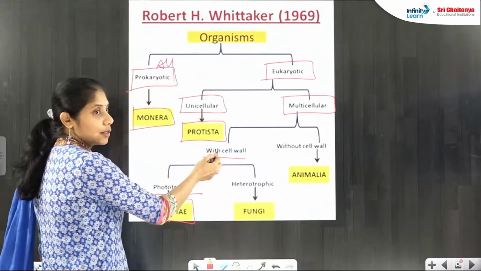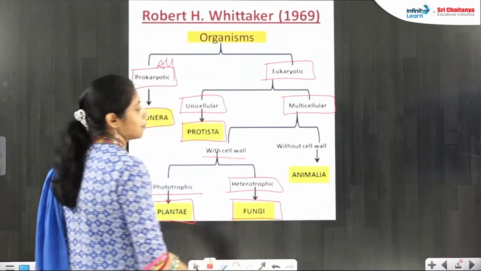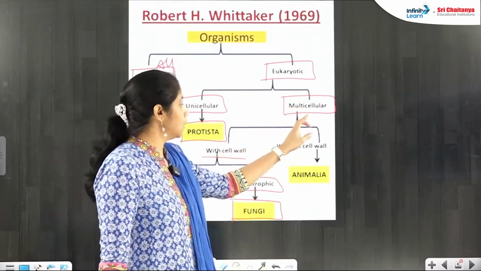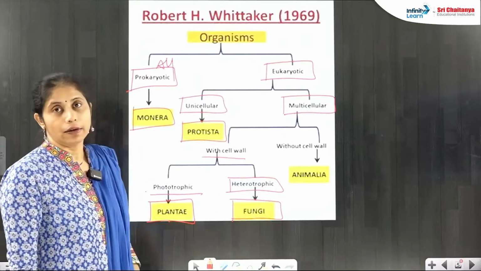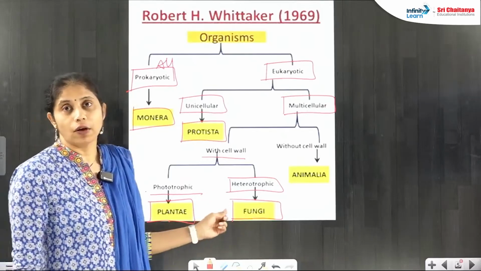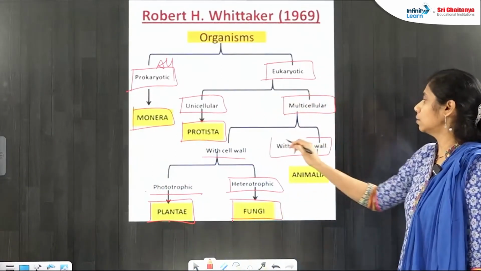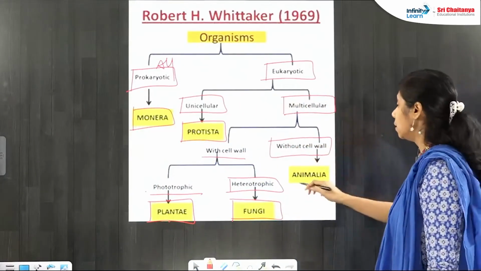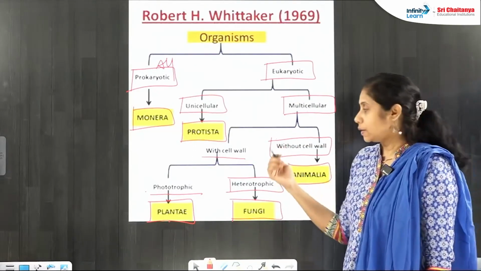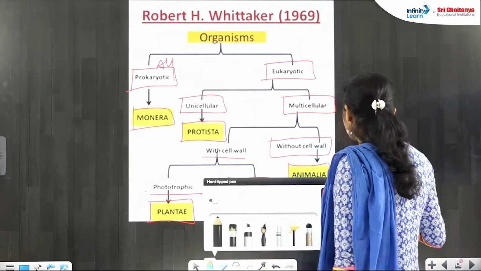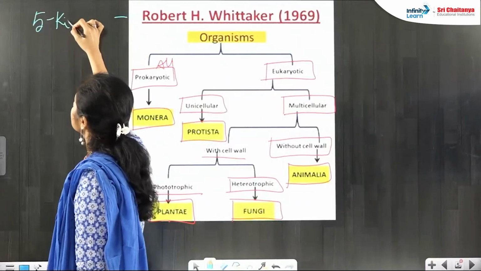Multicellular eukaryotes with a cell wall but heterotrophic mode of nutrition were placed under fungi. They have a cell wall made up of chitin. Then multicellular eukaryotes without a cell wall, where the cell wall is absent, were kept under Animalia. This is the five kingdom system of classification given by R.H. Whittaker.